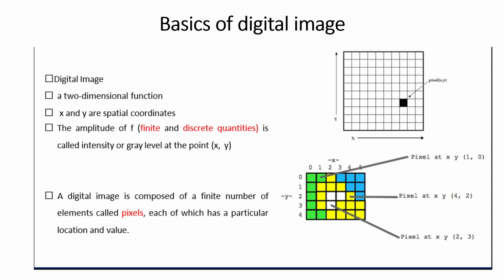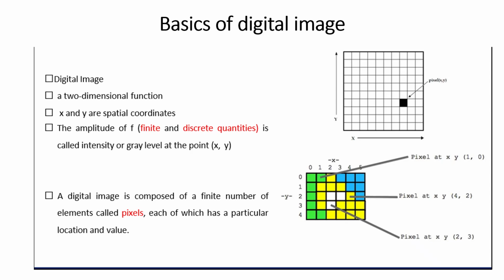A digital image is composed of a finite number of elements called pixels, each of which has a particular location and value. For example, here the pixel at x comma y, if x is equal to 1 and y is 0, is called 1 comma 0. Another pixel is 4 comma 2, which means the x coordinate is 4 and the y coordinate is 2.